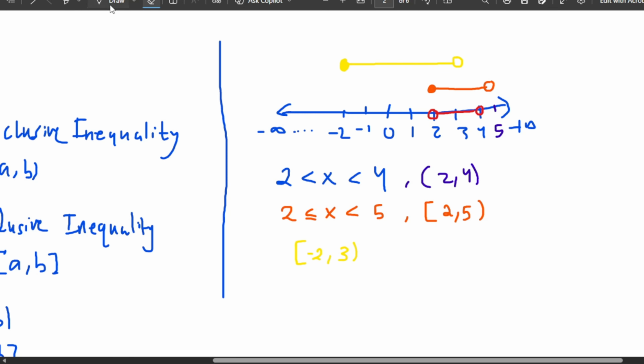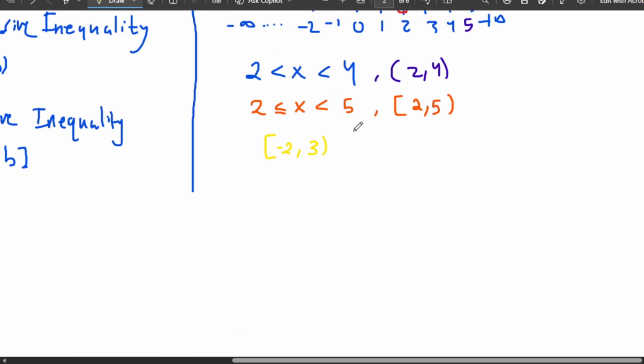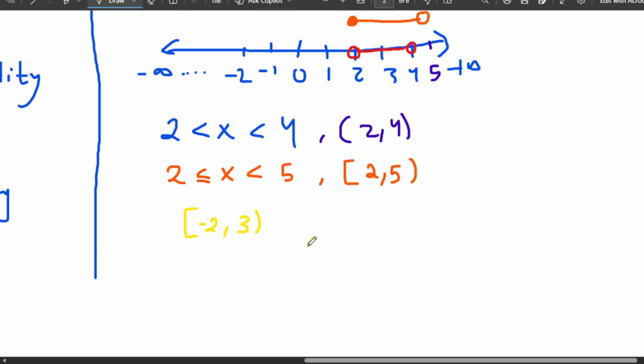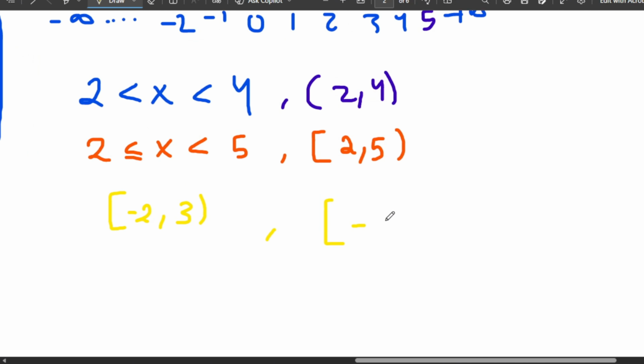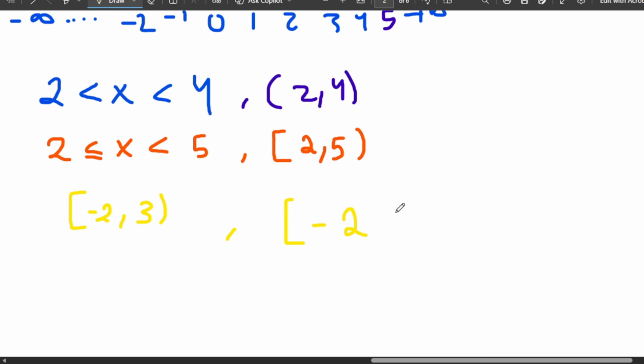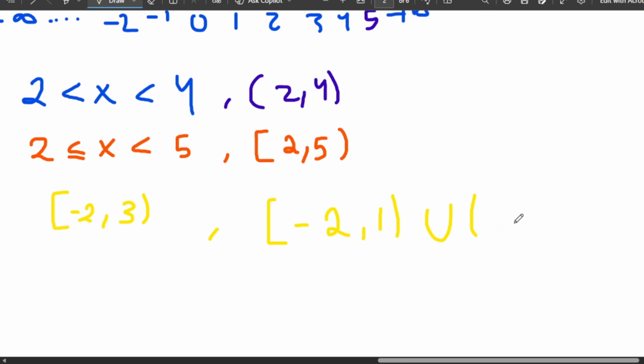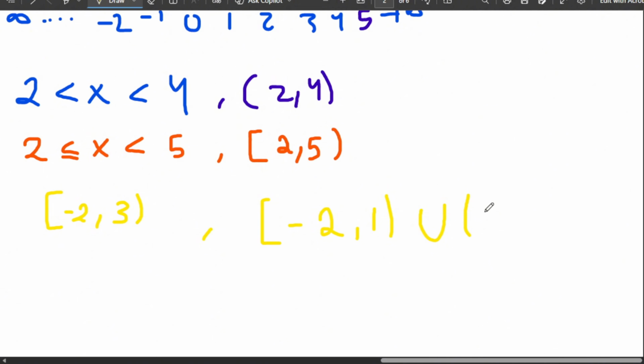Okay, how about if I say -2 and let's say 1 with an open bracket, union 2 to say 4, closed bracket.